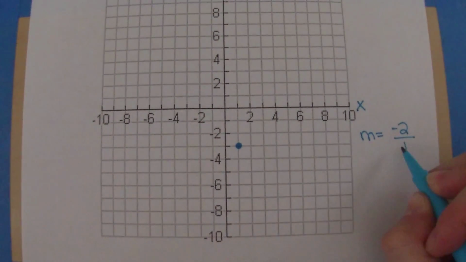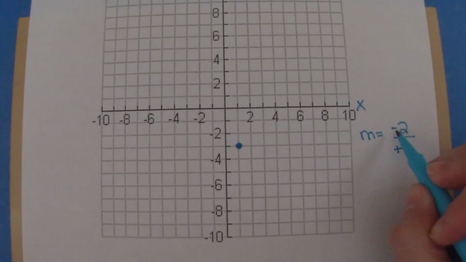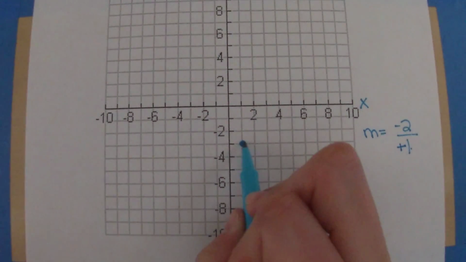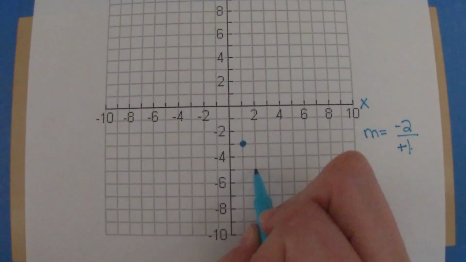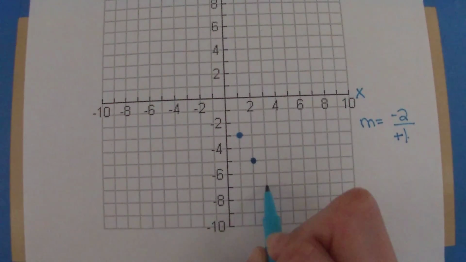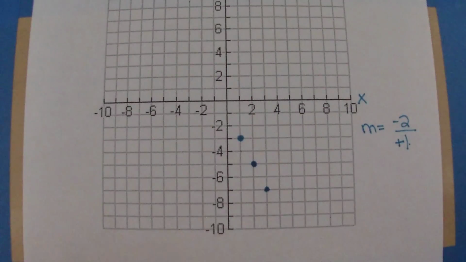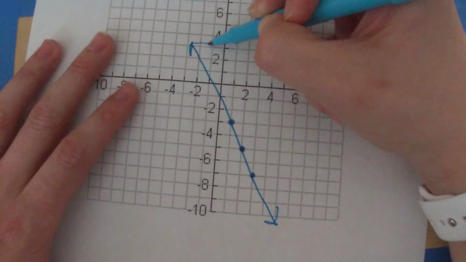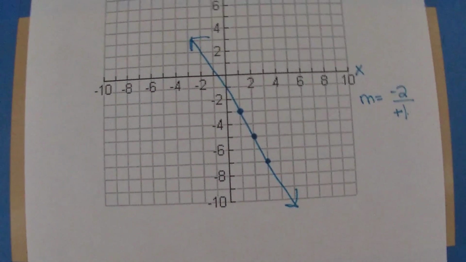So we have a negative over a positive. We're going to go down 2, right 1. So from this point, I'm going to go down 2, right 1. Down 2, right 1. And again, you can make 2 points, you could make 10 points, whatever. And there is our line.